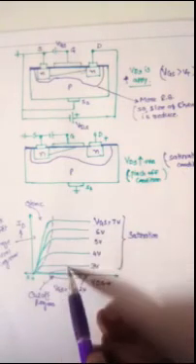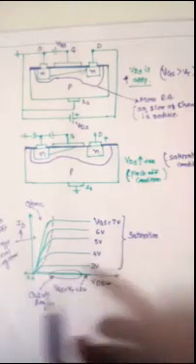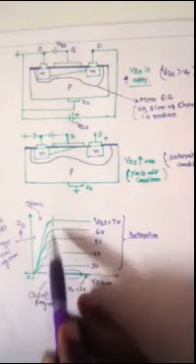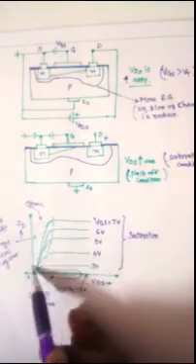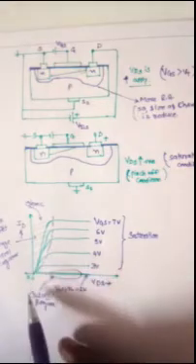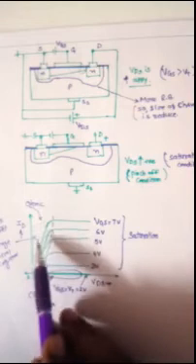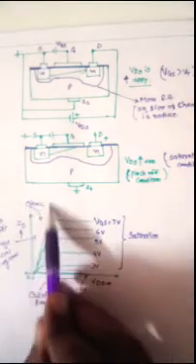Now this graph creates three regions. The initial part of the curve will behave like a voltage controlled resistor. So in this region the MOSFET works as a voltage controlled resistor, and this is called the ohmic region.